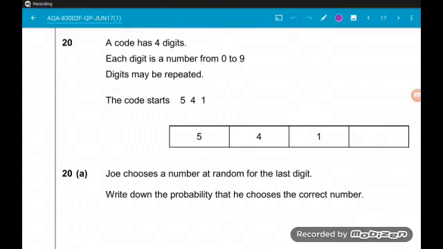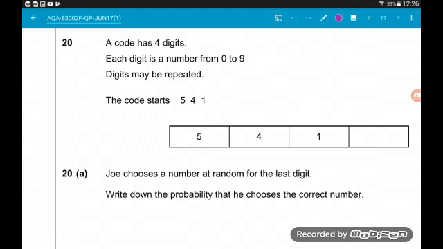Okay, question 20. So this is going to be the last question for this part. We've had well over enough fun for one video. So a code has 4 digits. Each digit is a number from 0 to 9. Digits can be repeated. The code starts 541. We don't know the last digit.